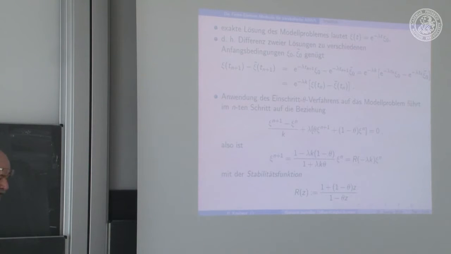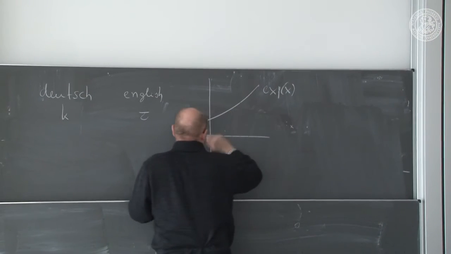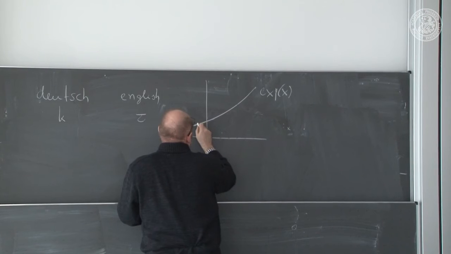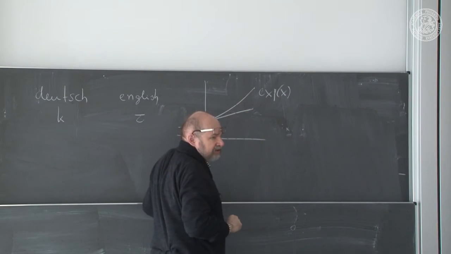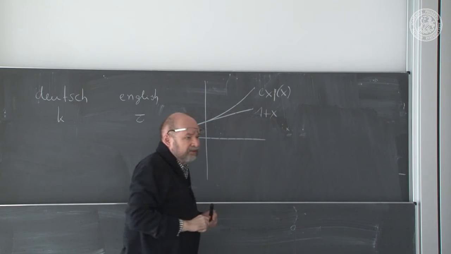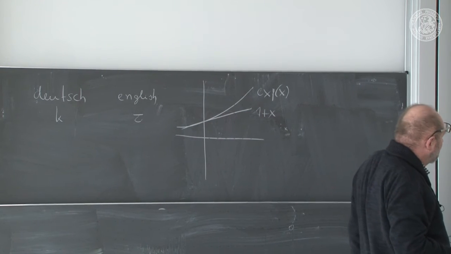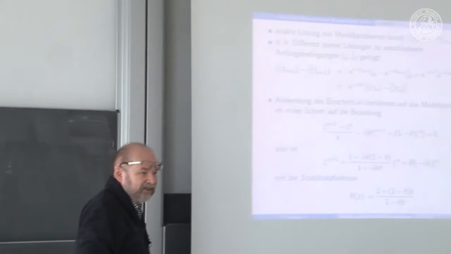And okay, to substitute the exponential function by a rational approximation, let's assume this is the exponential function. The simplest rational approximation, of course, would be this one here. This is 1 plus x. Where do I find this here again? For which theta, obviously?